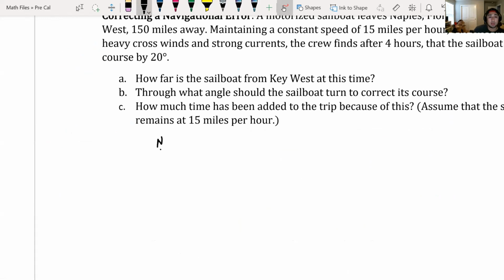And then we are going to Key West at this time, wherever Naples, Florida is, right? So we are headed down to Key West, which is 150 miles away. So that's 150 miles away.